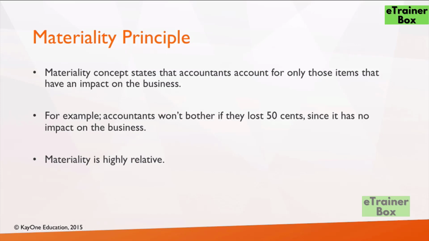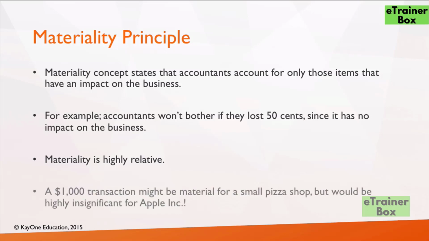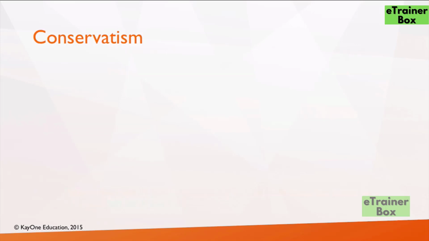What is material for you may not be material for me. And similarly, a transaction of $1,000 might be material for a small pizza shop, but may be highly insignificant for something like Apple Computers or Microsoft. So the materiality principle states that accountants account for only those items which have a significant impact on the business.